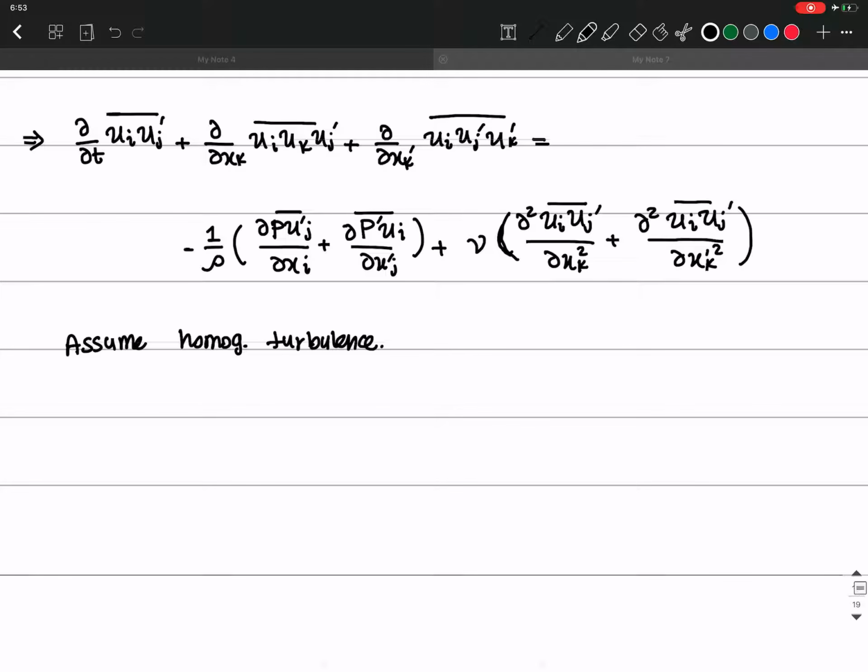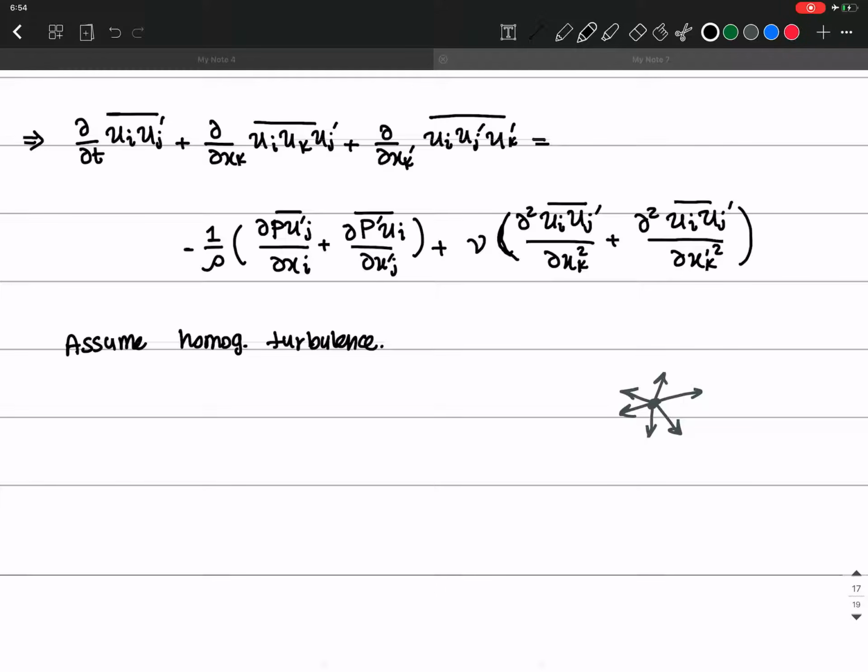If you assume homogeneous turbulence, all the mean variables in all directions are going to be equal, right? It shouldn't matter which direction you are choosing. This is the property of homogeneous turbulence. Any direction that you go, if you take an average, the quantities are going to be similar.